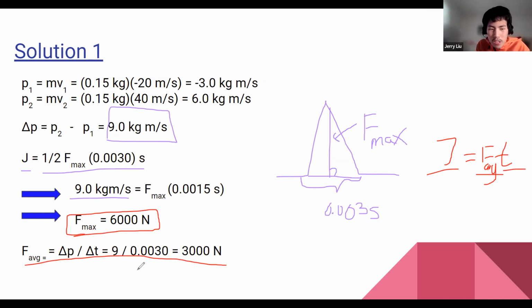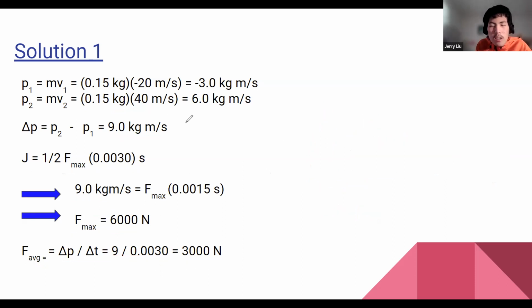So F average equals J over delta T, which is 9 over 0.003 or 3,000 newtons. So does anyone have any questions regarding this? If not, I'll go on. If you do have an issue or a question, you're always free to unmute yourself and ask me.